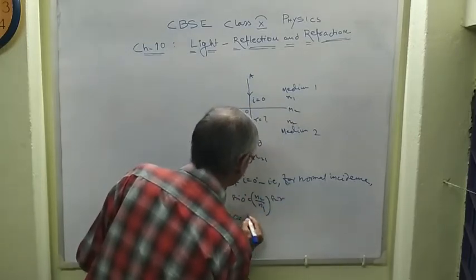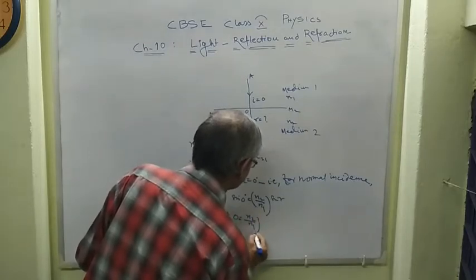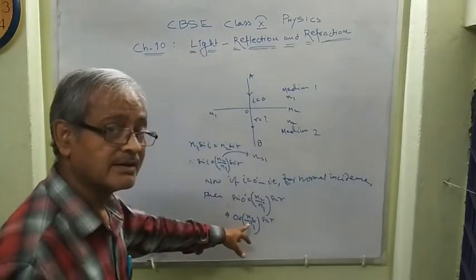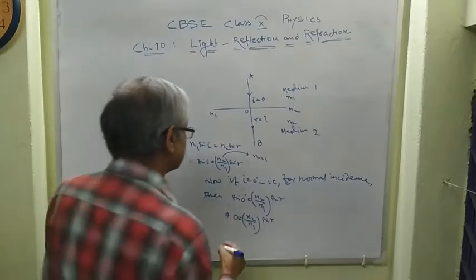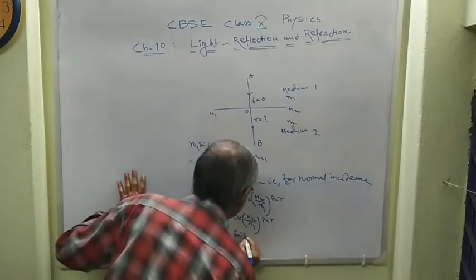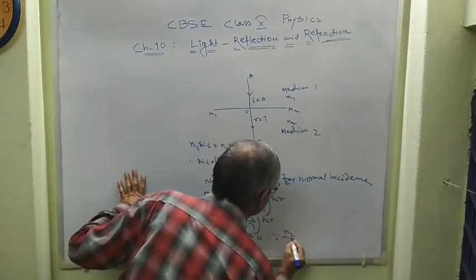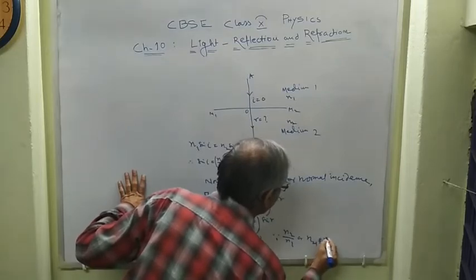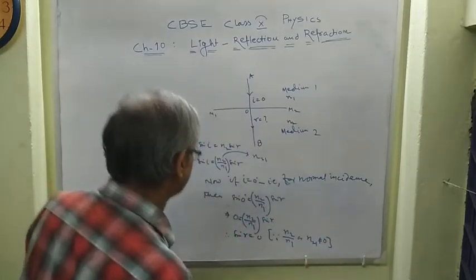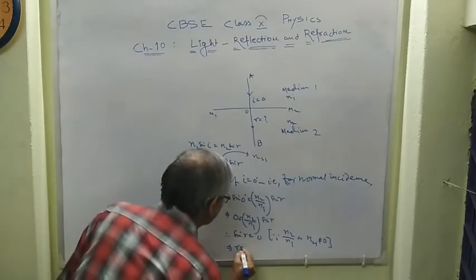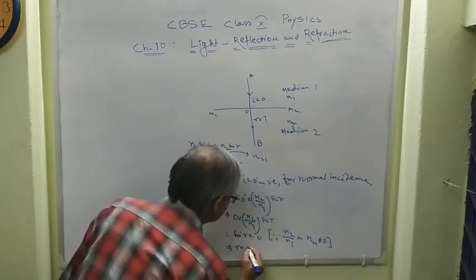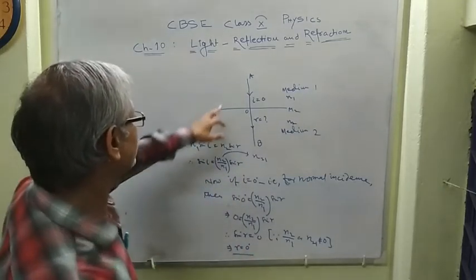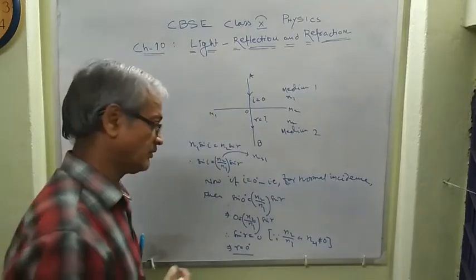That means 0 equal to n2 by n1 sin r. But n2 by n1 cannot be 0. Therefore, sin r equal to 0 since n21 is not equal to 0. Therefore, r equal to 0. That is, for normal incidence, angle of incidence and angle of refraction are both 0.